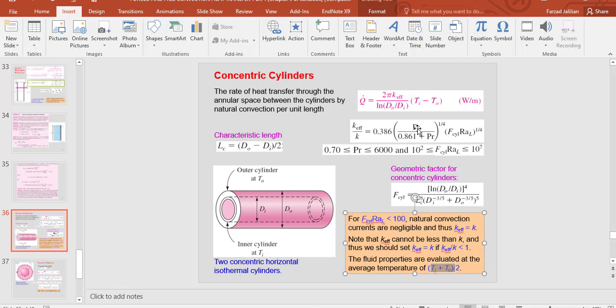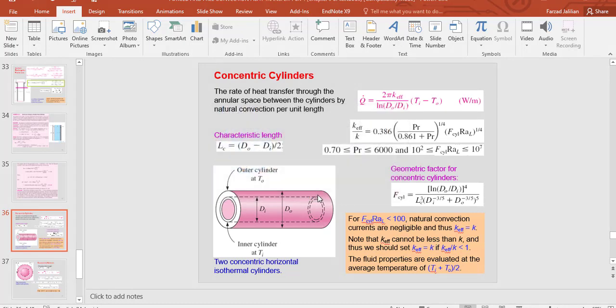Again, to find the Prandtl number for the fluid in these concentric cylinders, you should go to the table, different tables for different fluids. Then there you need to know the temperature of that fluid, and the temperature of that fluid is equal to the average temperature of these two cylinders.